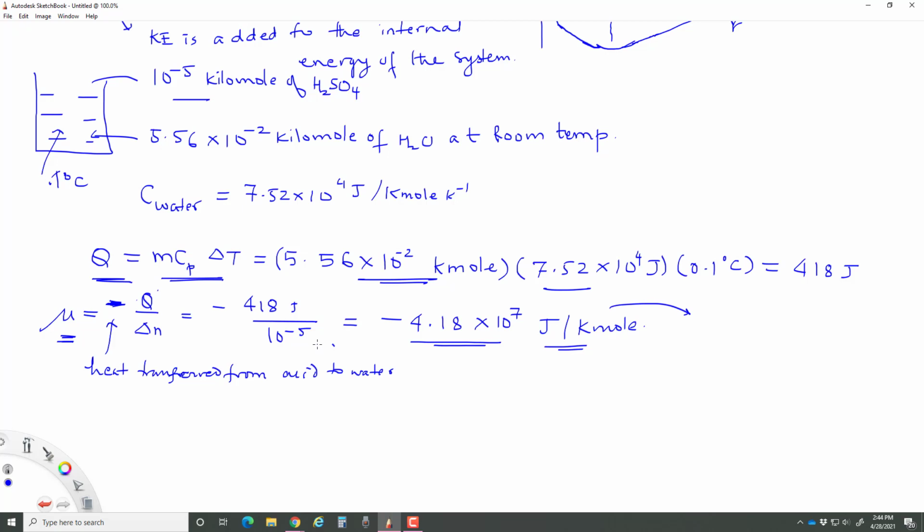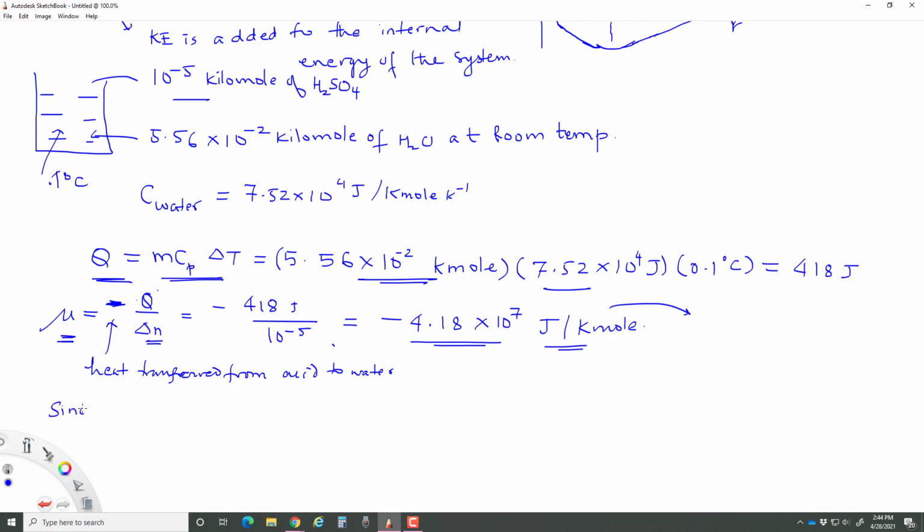And this is for each mole of the H2SO4, but we are often interested in the chemical potential per particle, or per molecule.